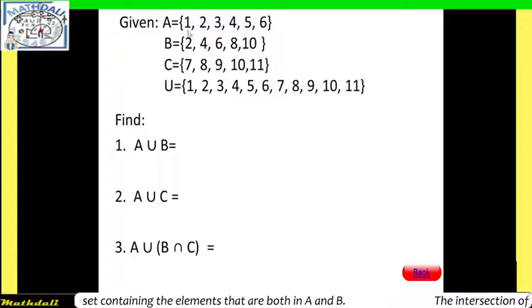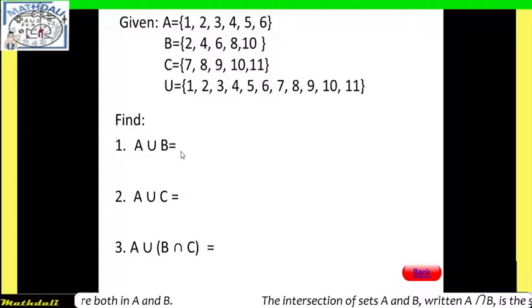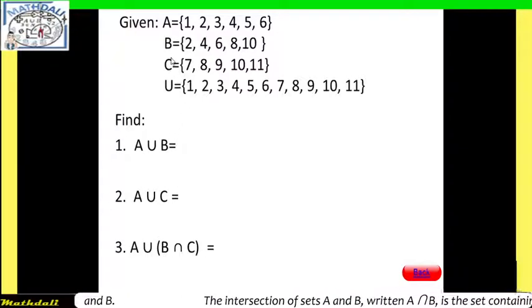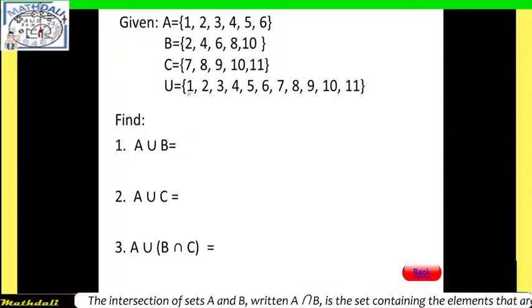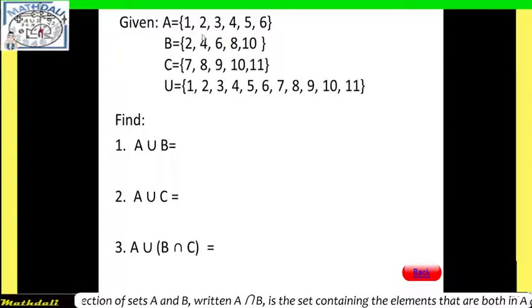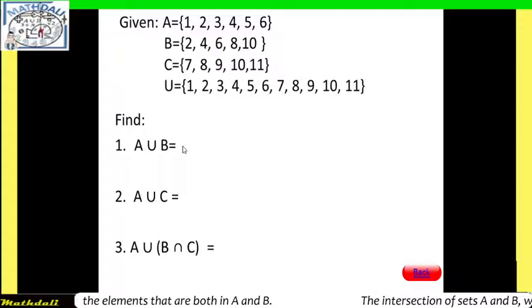Given set A, same problem natin kanina, but this time we're going to look for the union. Okay, so identify natin yung union ni set A at saka ni set B. Madali lang yan. List down lang ninyo yung mga element, pero isang beses lang ninyo ilalagay yung element. Hindi pwedeng maulit yung element sa set.